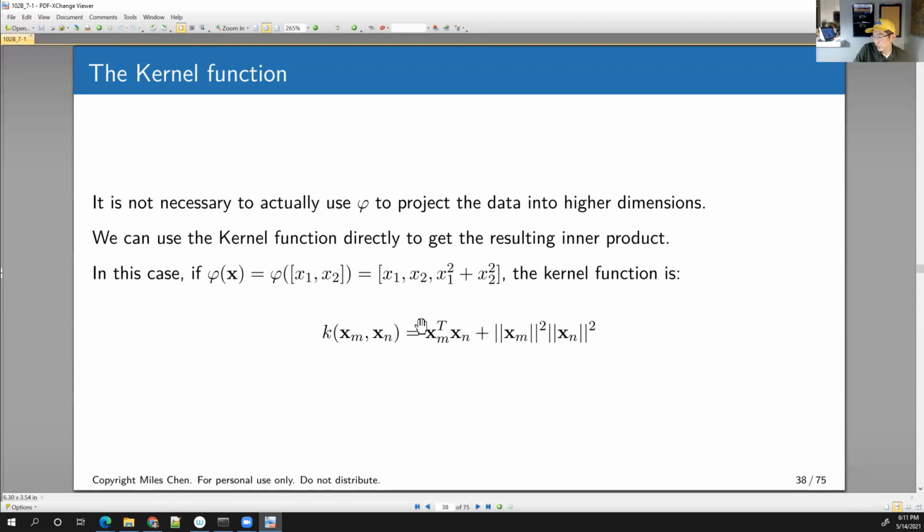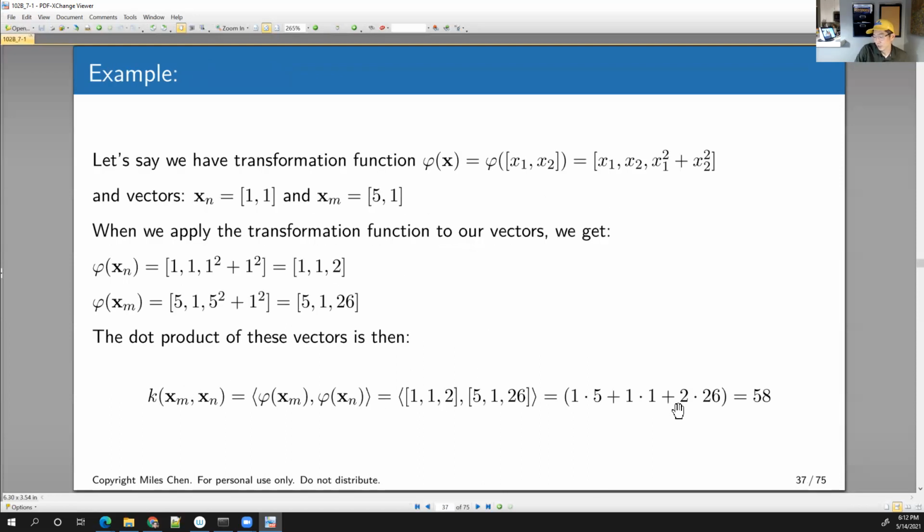the corresponding direct kernel function is this: xm transpose xn plus norm xm squared plus norm xn squared. So if you do this, this will give you the same result as first transforming into 3D and then taking the inner product.